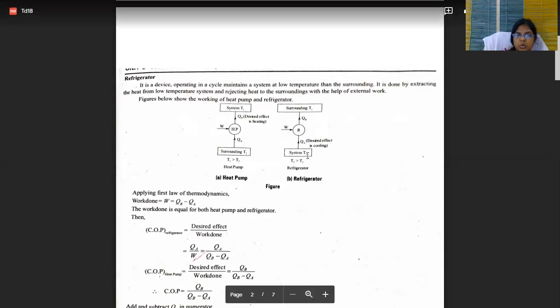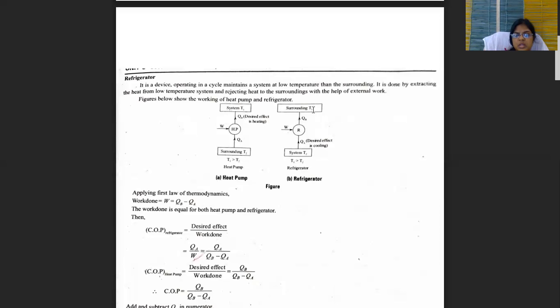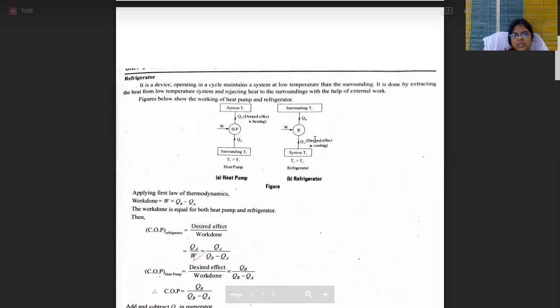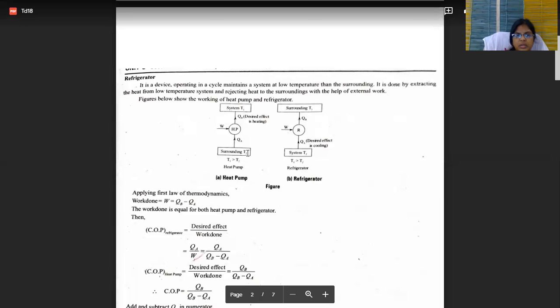Next we go to the refrigerator. Here this is the surroundings and this is the system. Here T1 is greater than T2 also. The process of the heat pump is the same as the refrigerator.